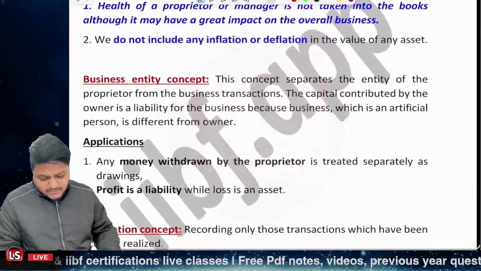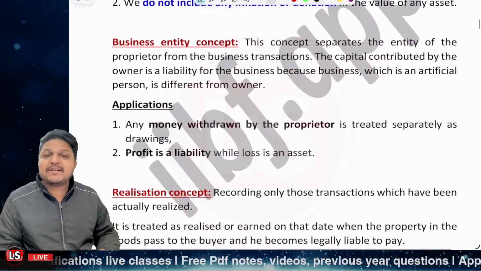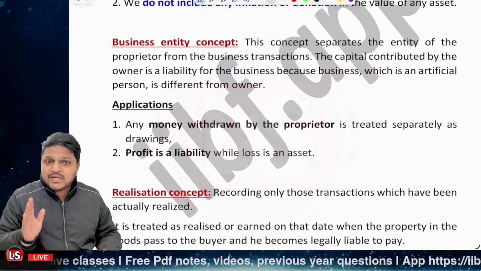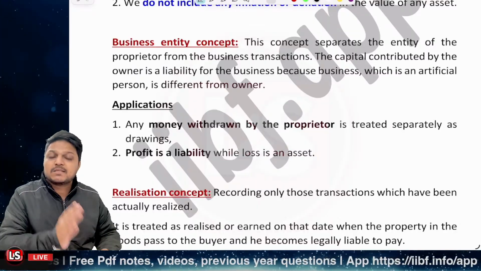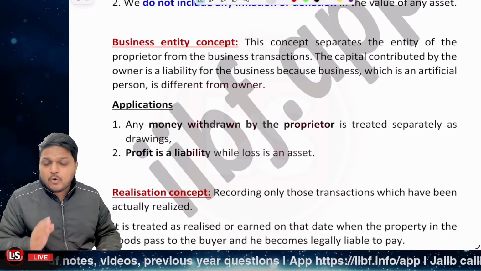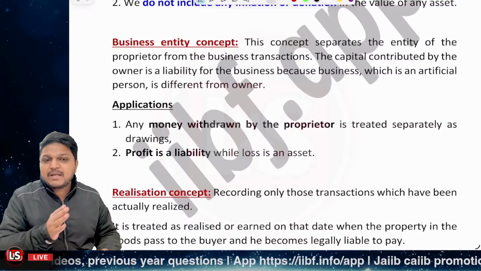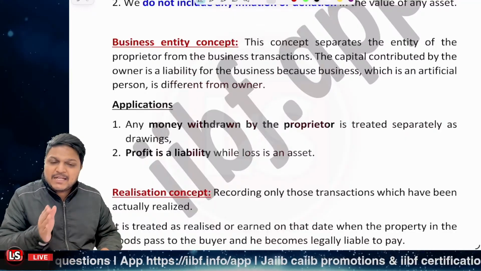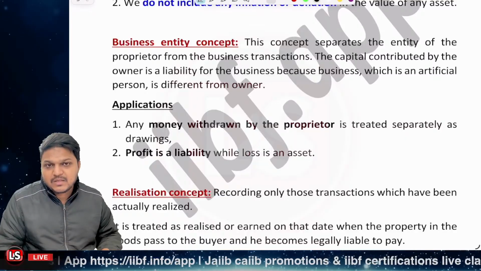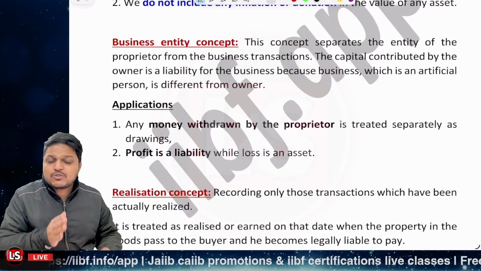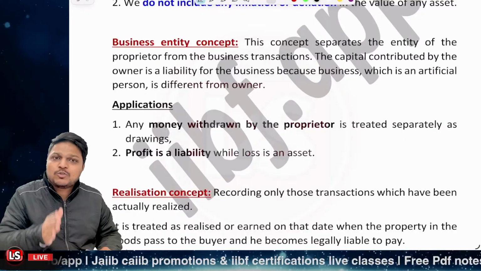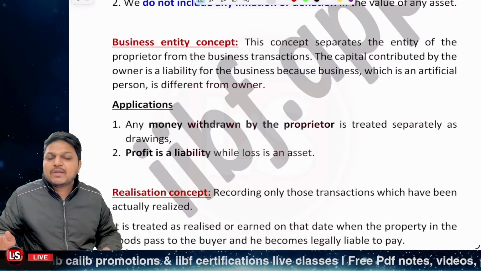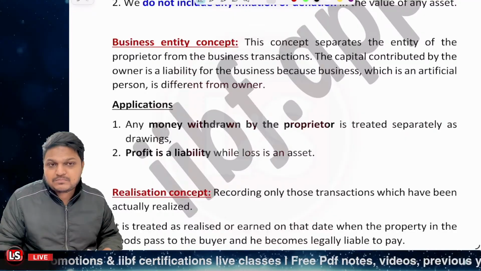The third important concept is the business entity concept. The owner is separate from the business. So if the owner is adding some money into the business, it's a liability for the business, because the business has to repay that amount back to the owner sometime in future, right?